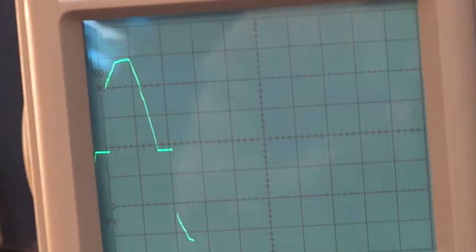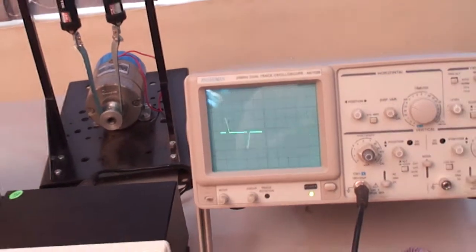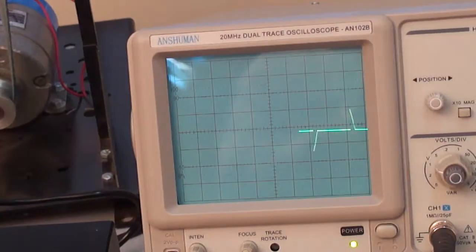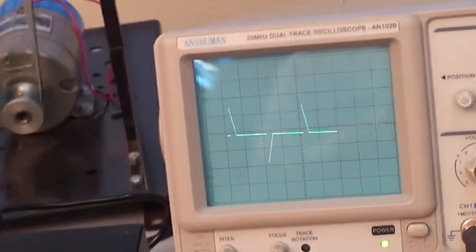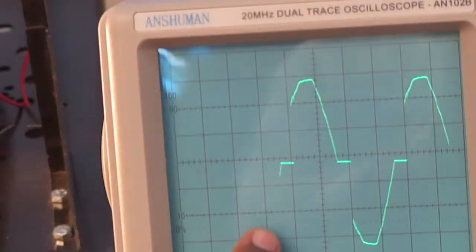So being as an AC voltage regulator, the parallel anti-parallel connected SCRs will give you the smooth control over the output.